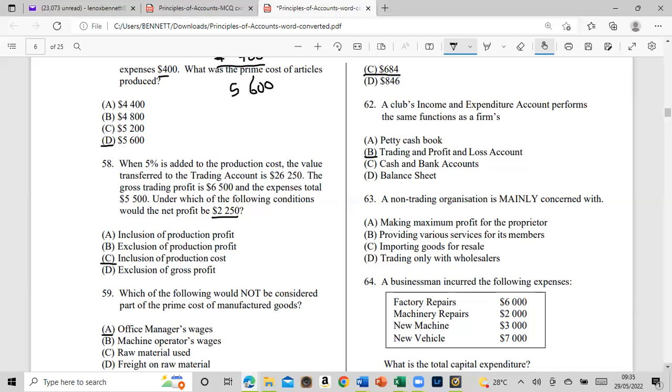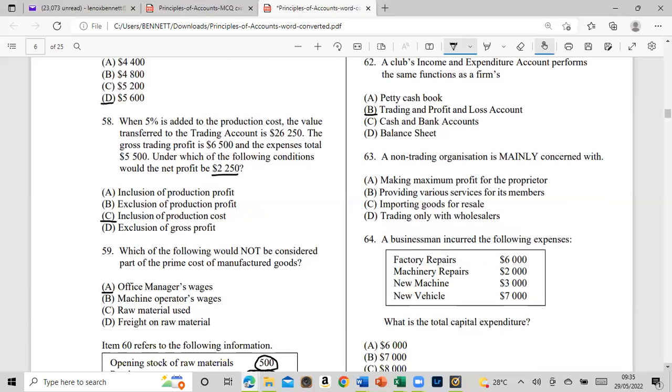Let's move on to 63. A non-trading organization is mainly concerned with, is it A, making maximum profit for the proprietor, B, providing various service for its members, C, importing goods for resale, or D, trading only with wholesaler?